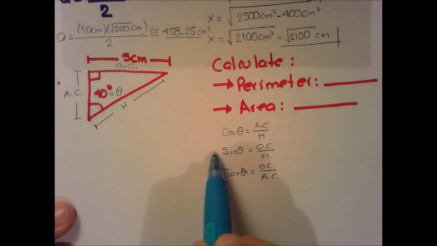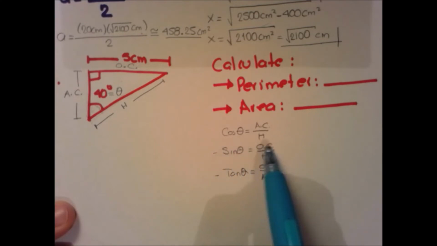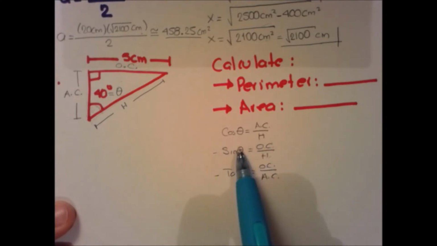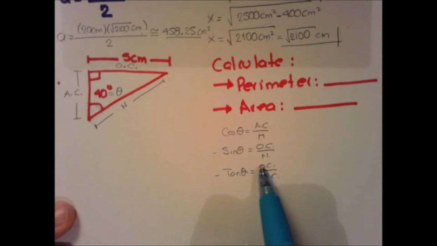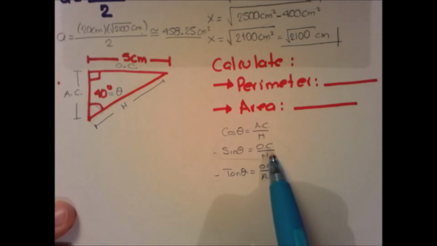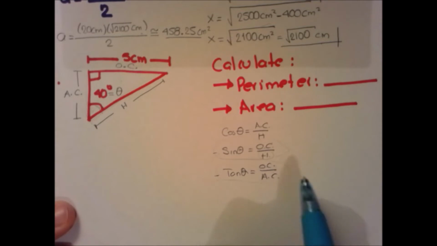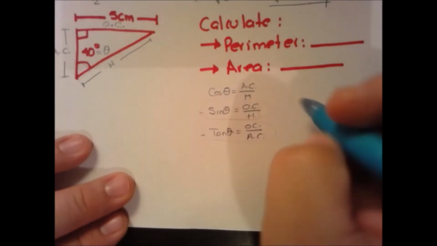It could be sine or it could be tangent, because sine has opposite cathetus and the angle, and tangent has opposite cathetus also and the angle. If I use sine, it means that I can calculate the hypotenuse. But if I use tangent, it means that I can calculate the adjacent cathetus. So in that case, I'm going to use both. Okay, first of all, let's work with this one.